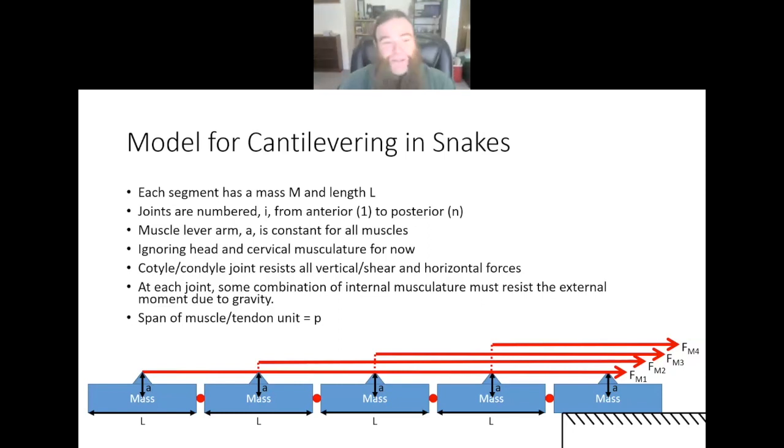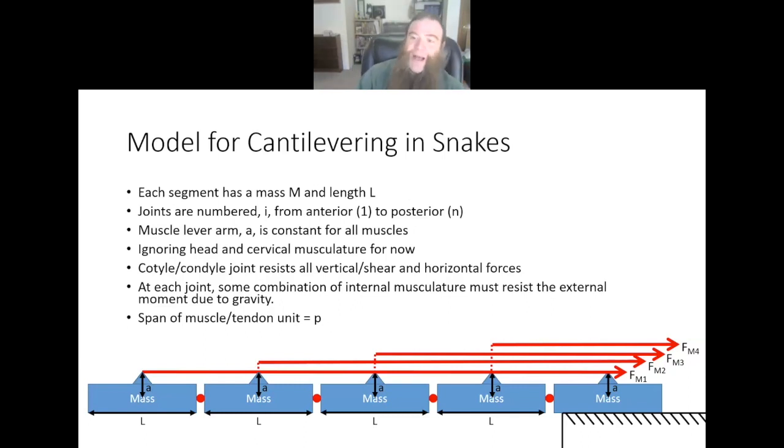It's being recorded. So, anywho, we're ignoring the head and the cervical musculature because it is complicated. And we're assuming that the ball and socket joints in the vertebrae are resisting the shear and horizontal forces. So the vertebrae are compressing to resist horizontal forces, and the vertical force is effectively countered, again, by the geometry.